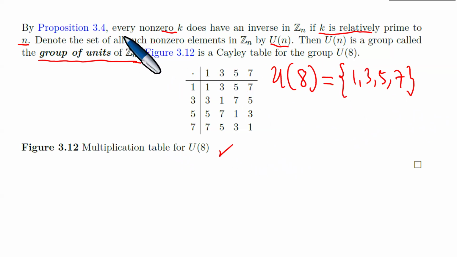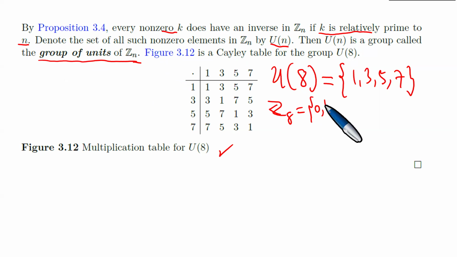The author indicated here that every non-zero K does have an inverse in Zn if K is relatively prime to N. Denote the set of all such non-zero elements in Zn by Un. So we shall look at Z8.